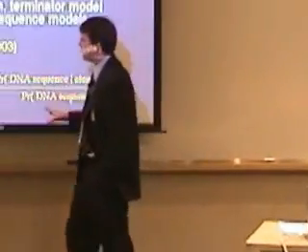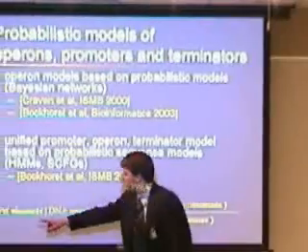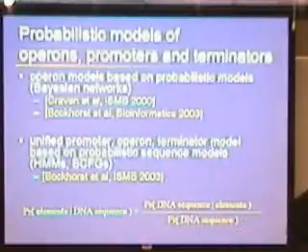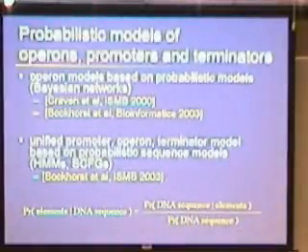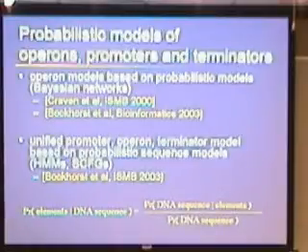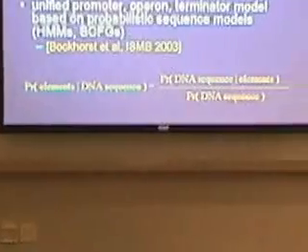The probability distribution that these models represent is the following. The prediction task is to find the probability of some set of elements given a DNA sequence. We're given an input sequence of DNA, and the task is to find where the elements are. So we have this probability distribution over elements given sequence.